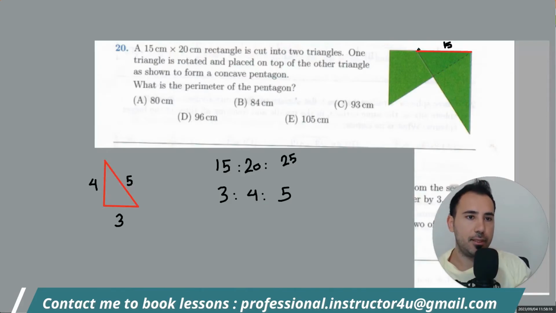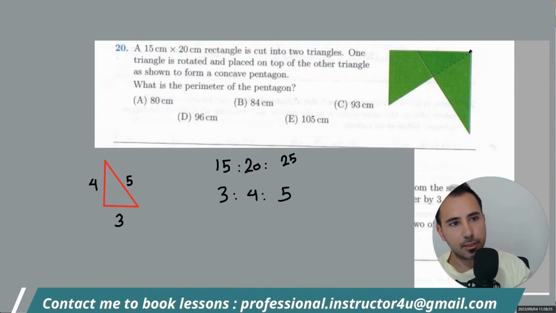Now, if you pay attention, this 15 is the hypotenuse for this triangle. But what you should also notice is that this is also similar to the other triangles. Okay, so why is this one similar?